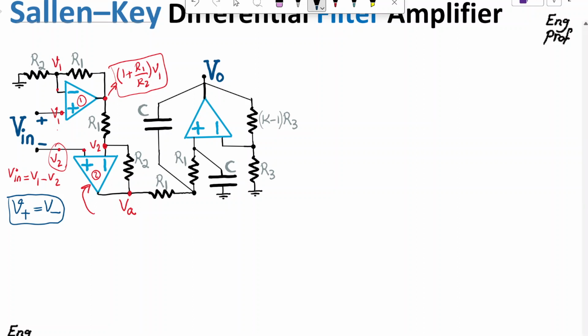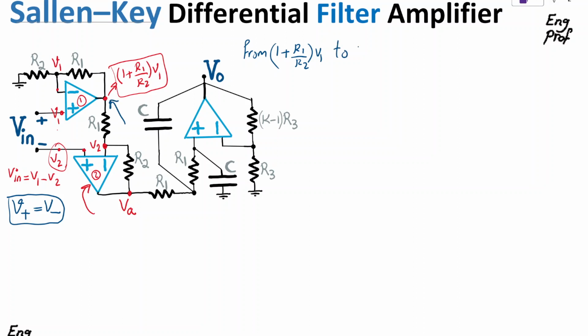Let me change the color back to something that is better. So I can say, from 1 plus R1 over R2 times V1, so from this node, which is this point, to VA is an inverting amplifier.